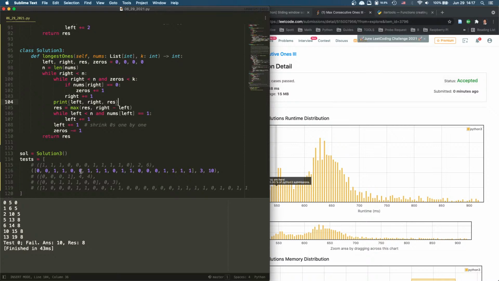Then I shrink it, 1. Right? And then we say 2, 3, 4, 5, 6. Oh, I do this because I want to keep it going.